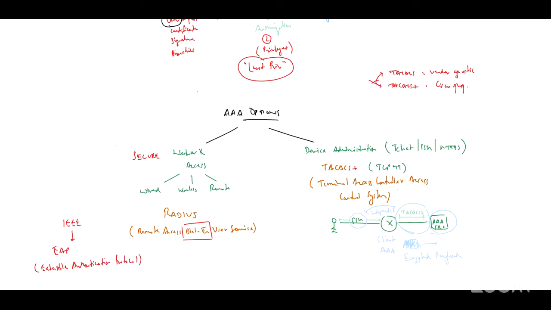Typically, you will see this written as EAP-OL, Extensible Authentication Protocol over LAN. So IEEE standardized a method to use EAP-OL using Radius to carry authentication traffic.